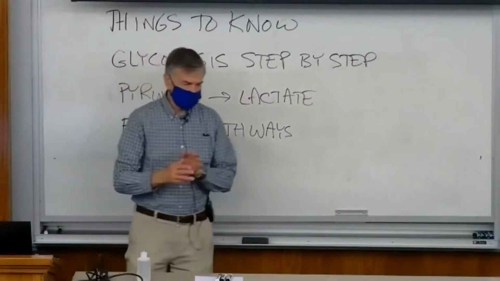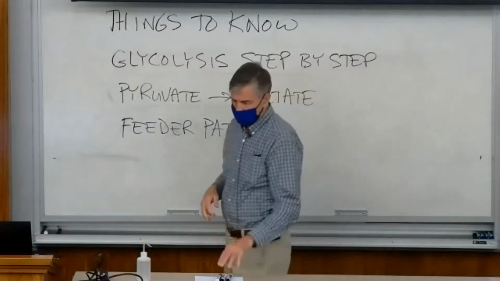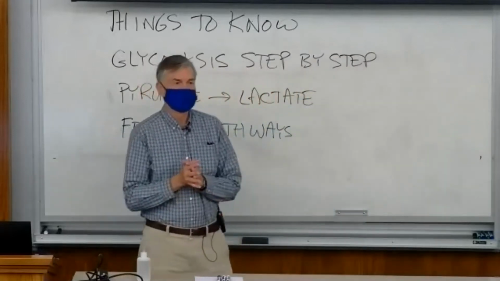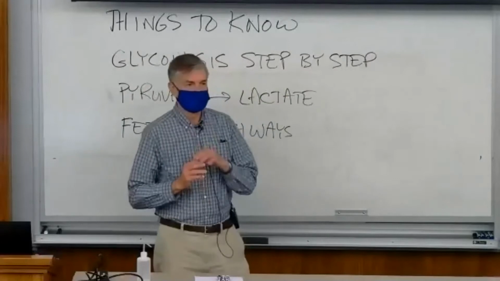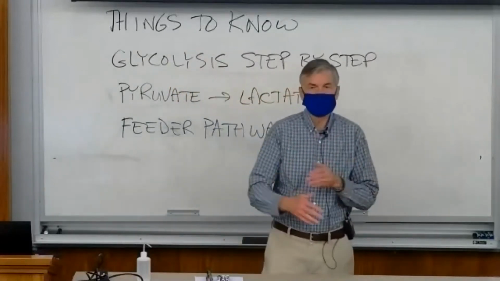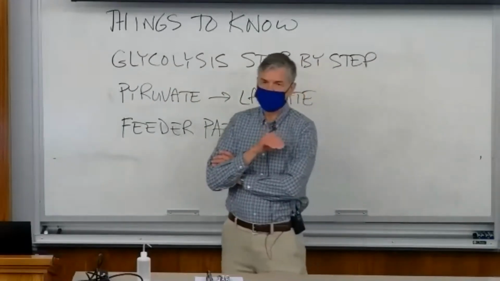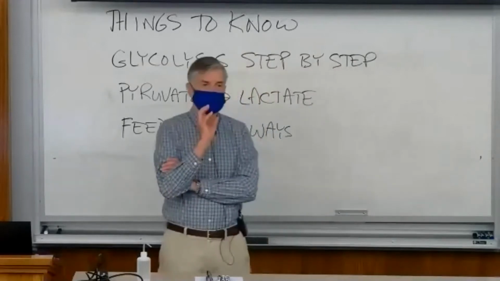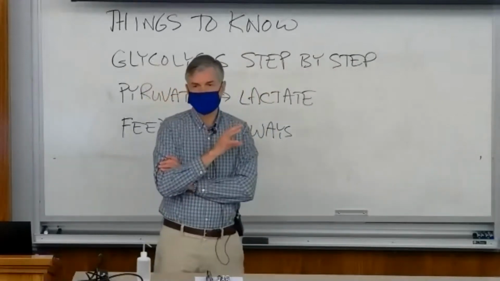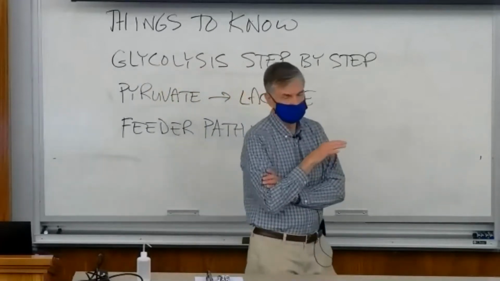Okay, last class, we had begun talking about glycolysis. This is a very fundamental metabolic pathway involving 10 steps, 10 separate enzymes that convert glucose into 2 copies of pyruvate.